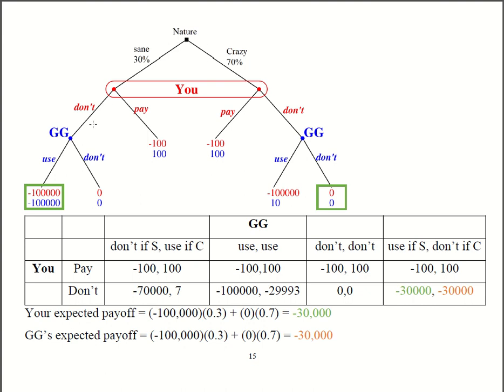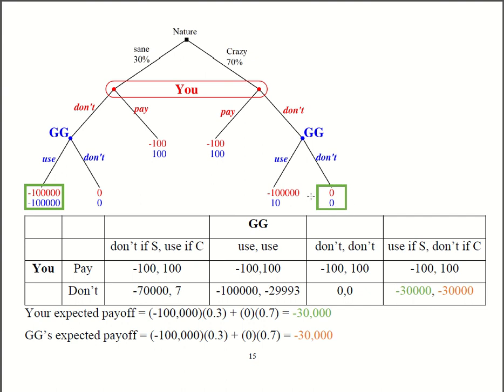Now the sane Grenade Guy is playing use if sane. That means we're going down this branch. That means we get these payoffs. Crazy Grenade Guy is playing don't use if crazy. So that means we're going down here. Payoffs are going to be shown here in green for that possibility.